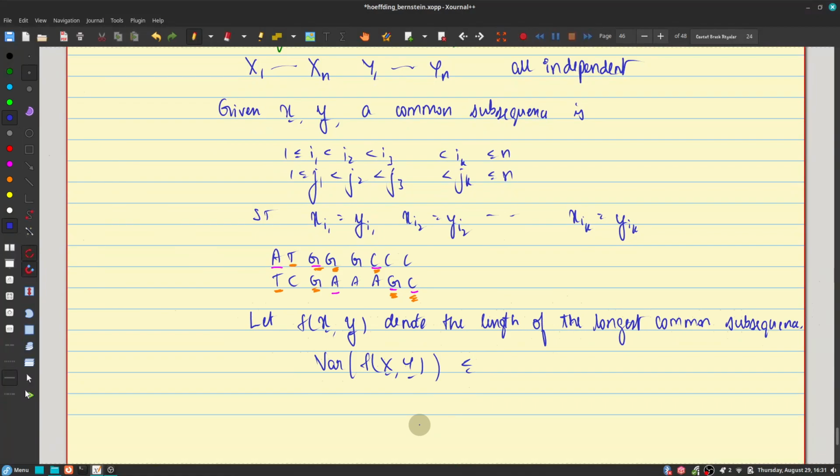How many variables do I have? Correct. So you have 2n variables. So this is summation i equal to 1 to n of Ci squared divided by 4. Ci squared is 1, and so in some sense I should take j equal to 1 to n.